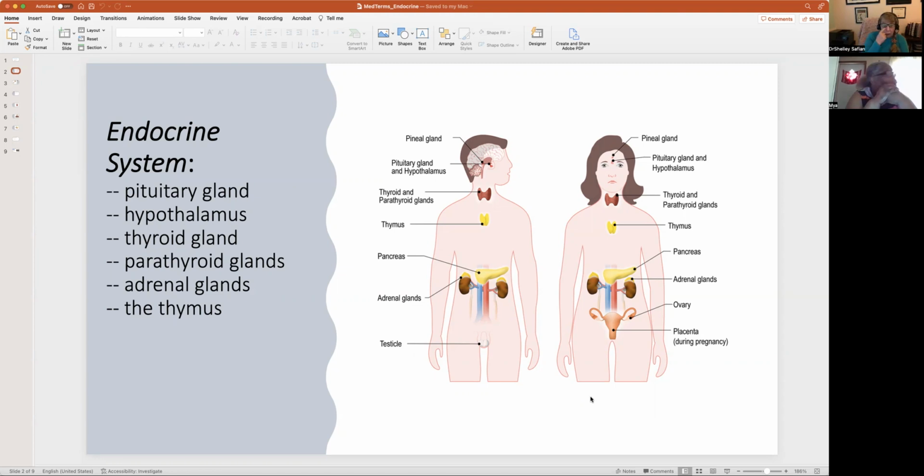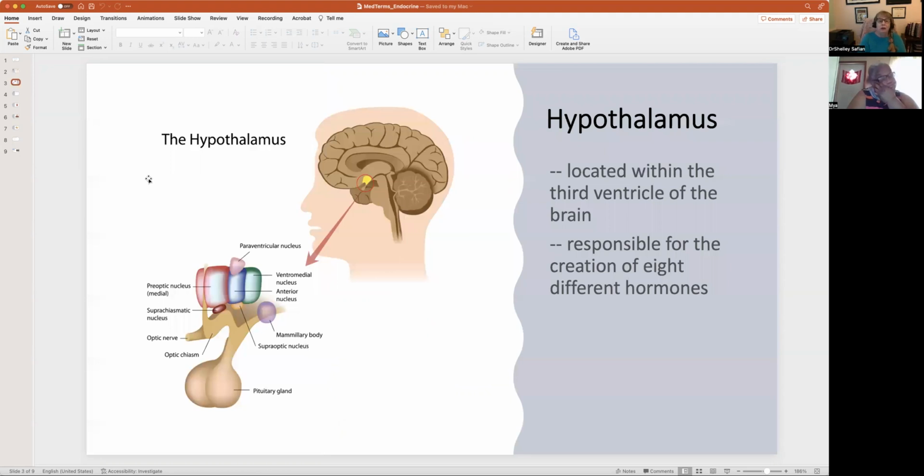And then, of course, we have the gender-specific glands, ovaries and testicles, depending upon what was in your construction kit when you got born. Okay, well, I should say when you were conceived. All right. So let's take a look at these one by one.